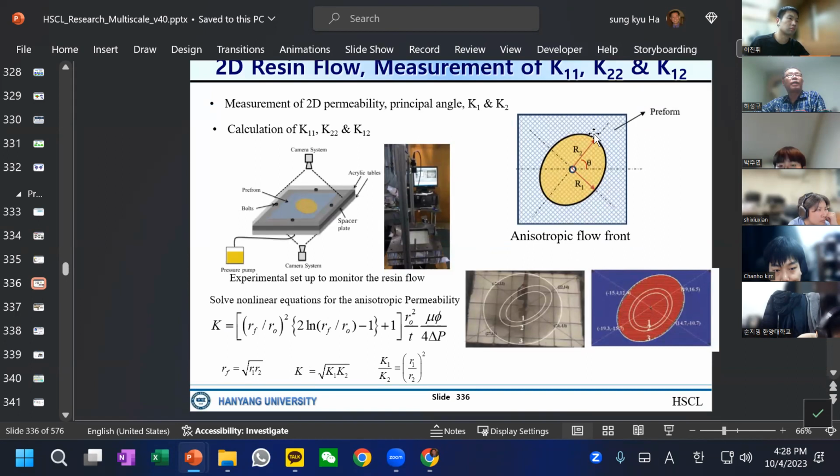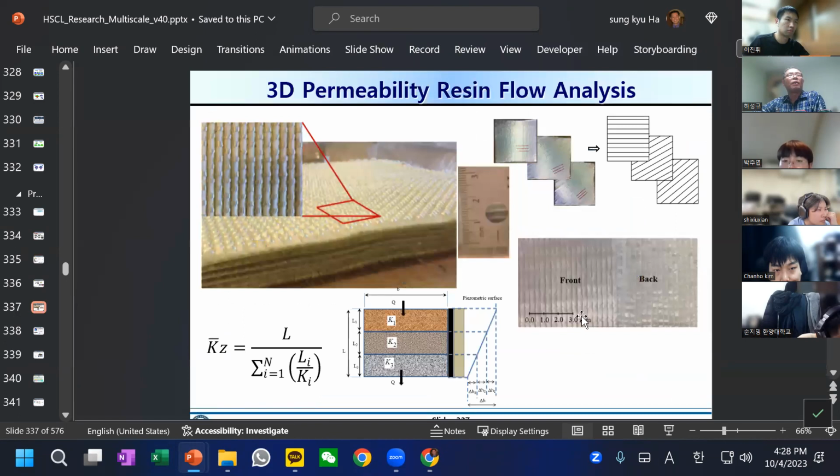And again, this flow can be measured over time using the camera. So we can measure that. Now, 3D permeability is that the resin can flow not just in the plane direction, but through the thickness direction. This is the cross section. And the dry fabric can be very thick.